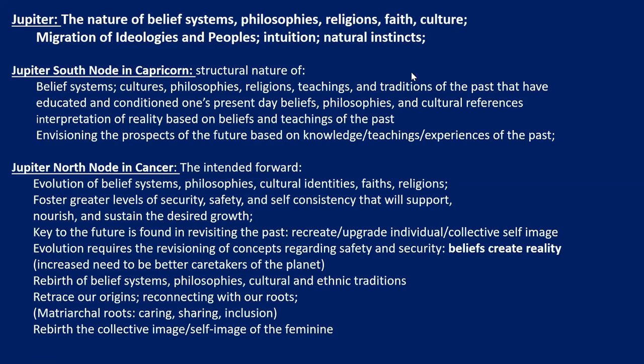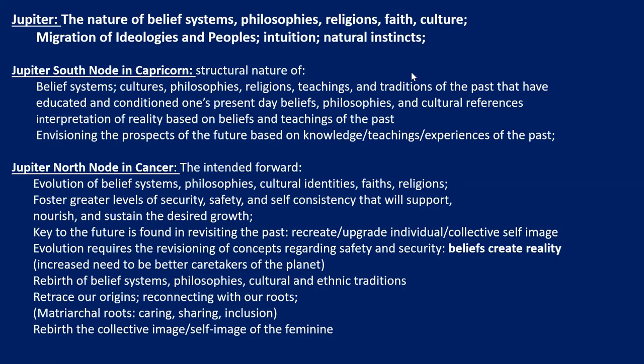Jupiter's North Node in Cancer, the intended forward. Of course, the evolution of our belief systems and philosophies and cultural identities, faiths and religions. Again, Cancer is the archetype of the past, so we have to go backwards in order to go forwards.